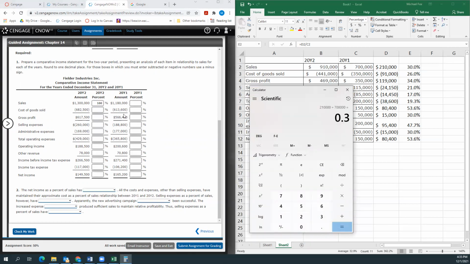The next one, 682,500 divided by 1,300,000, 52.5%. The next one, 617,500 divided by 1,300,000 is 47.5%.